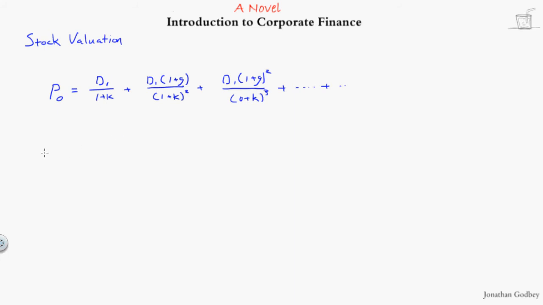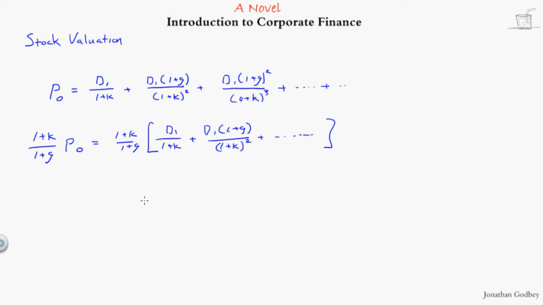Now if I multiply both sides times 1 plus K over 1 plus G, that's D1 over 1 plus K plus D1 times 1 plus G over 1 plus K squared, and I continue to do that forever.